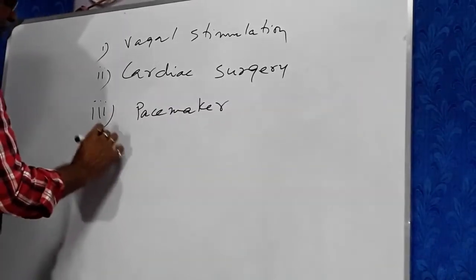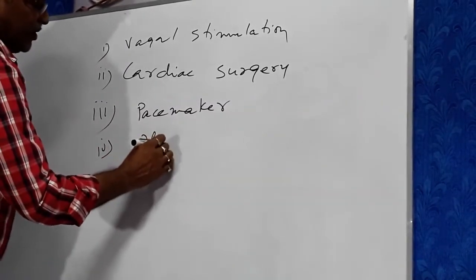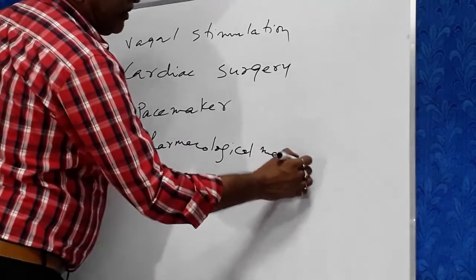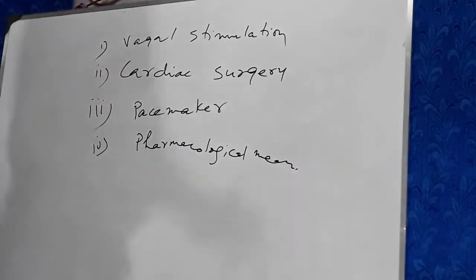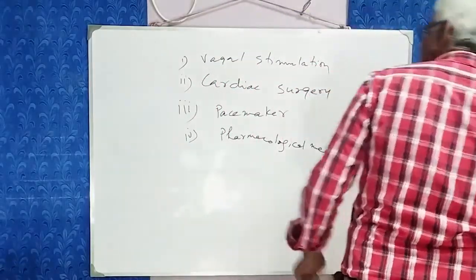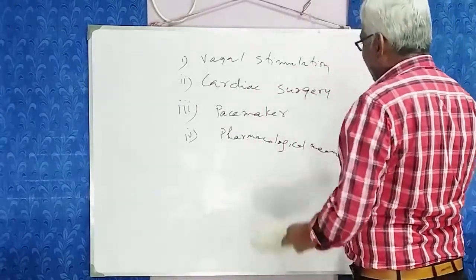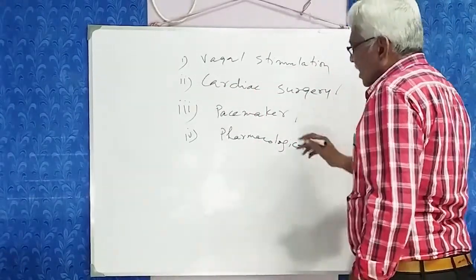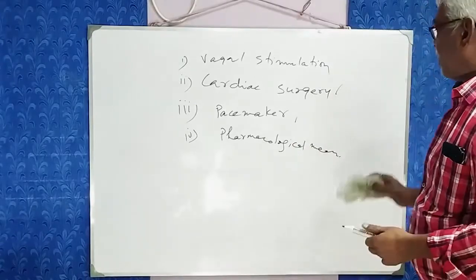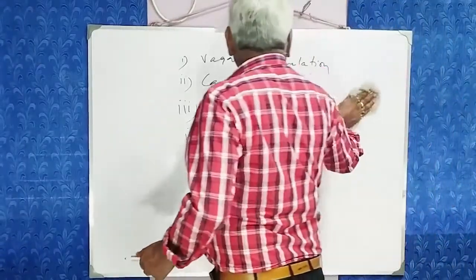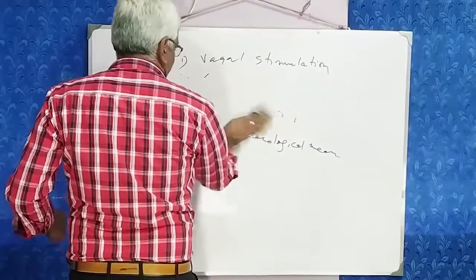And number four, the pharmacological means, that is the drugs. Whenever these facilities are not available, say cardiac surgery or the pacemaker, the pharmacological means remains the only way to treat the cardiac arrhythmia according to the situation.